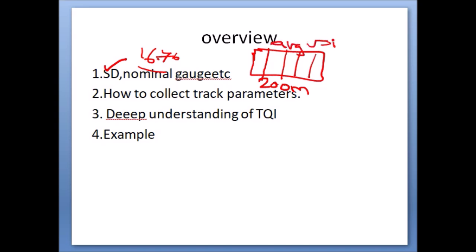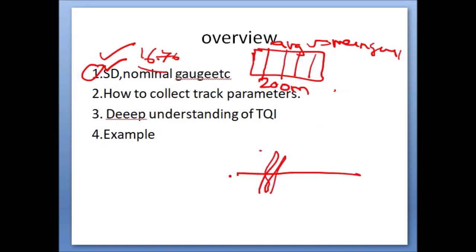The average of all these gauge values is called the mean gauge. Peak means the highest value. SD means, with respect to the mean, how the data is varying over this mean value. That is standard deviation.